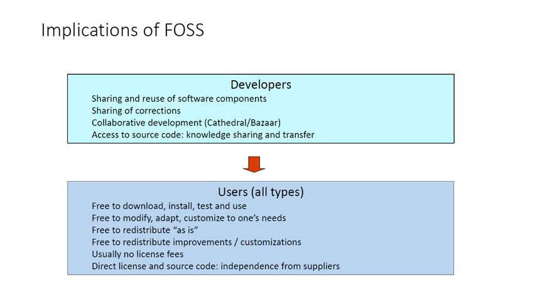Also, it means, as a side benefit in a manner, that users can also benefit from all of this. They are free to download, install, test, and use. So the user is also a developer, because many of the developers are in fact end users in terms of, for example, infrastructure software or technology that are built for the large technical architectures.